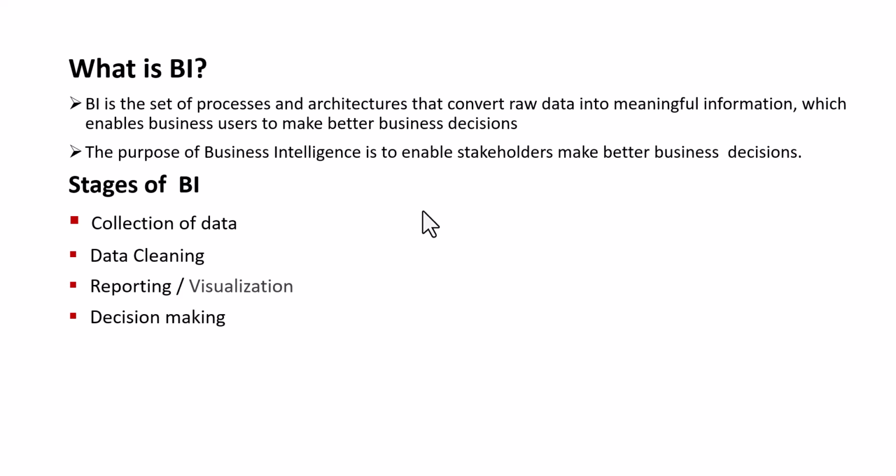For that, we need to do some cleaning and shaping of the data. After applying necessary transformations upon the data, we will build reports such that business users can have a look at these reports to take their business decisions.